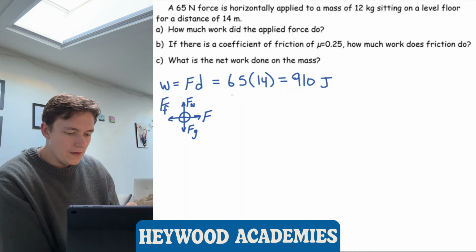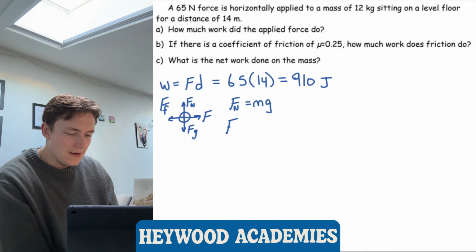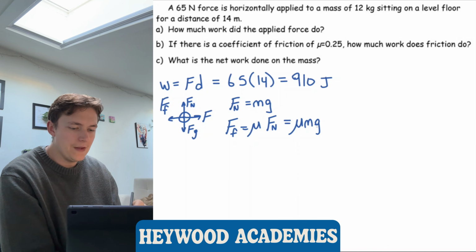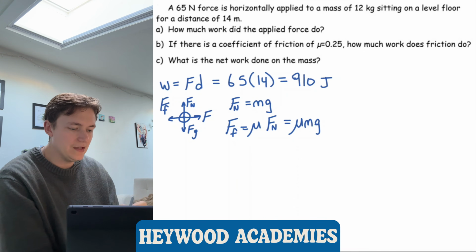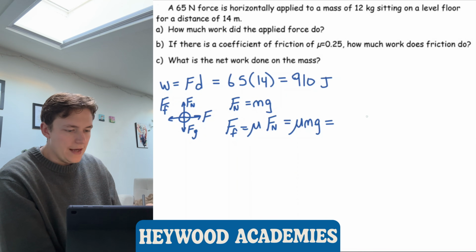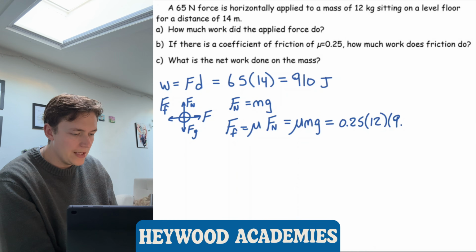So we derived this earlier in one of our other questions, but from the net force in the y direction equal to 0, that will give us that our normal force is equal to m times g, and then our friction force, the equation for that is the coefficient of friction times the normal force, so that'll be coefficient of friction times m times g for that friction force. They give us the mass in the problem, so that's good, we can work that out. Let's go ahead and plug those numbers in. That was given to us as 0.25 for the coefficient, mass was 12, and g was 9.8.